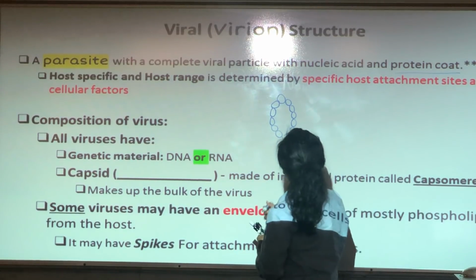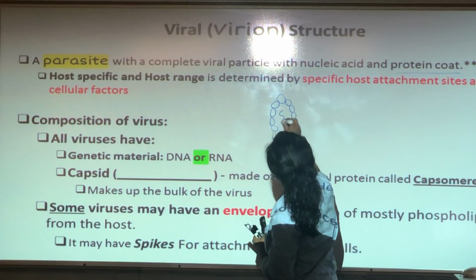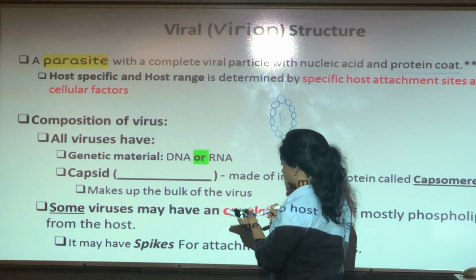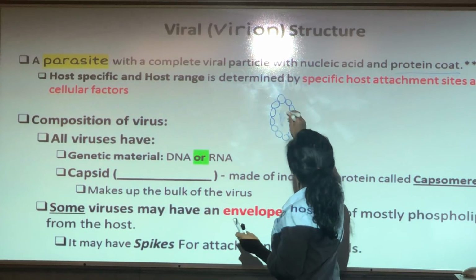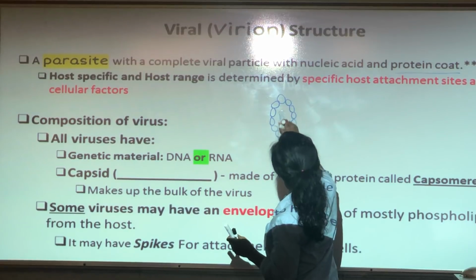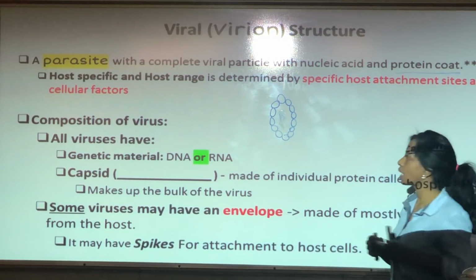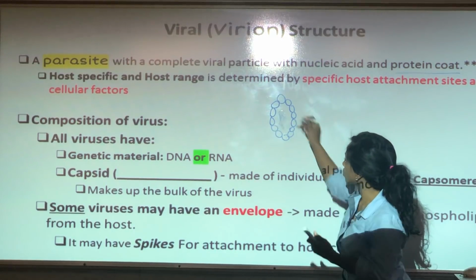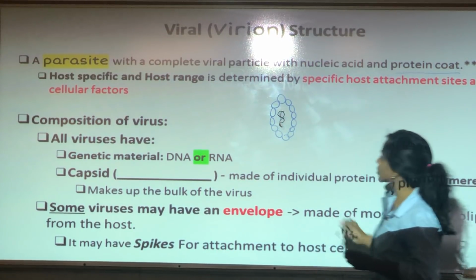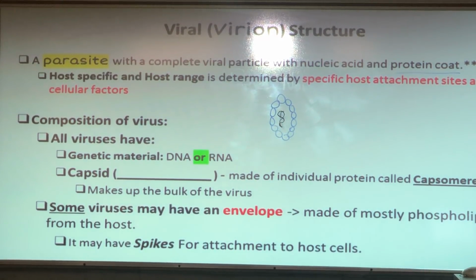All right, so I'll just put my nucleic acid as a little, let's make this black instead. All right, so that would be black. All right, so inside of this viral particle, we have this particular structure. Right, so this is what our virus will look like.